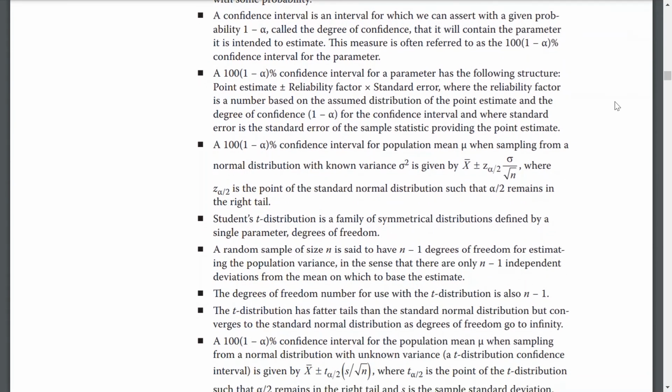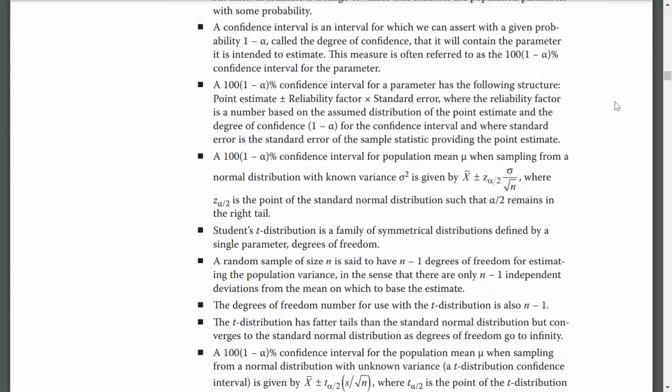A 100 multiplied by 1 minus A% confidence interval for a parameter has the following structure: point estimate plus or minus reliability factor multiplied by standard error, for which the reliability factor we read about already.